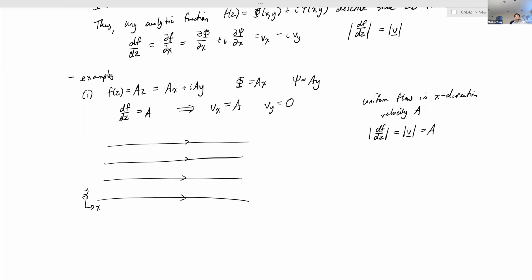Let me also write, you could also put in lines of constant psi or constant phi as well. The lines of constant psi, the stream function, give us the streamlines, right? But the lines of constant phi are lines of constant velocity potential. In this case, we get a x is equal to some constant, so x is equal to some constant. So those are vertical lines, right?